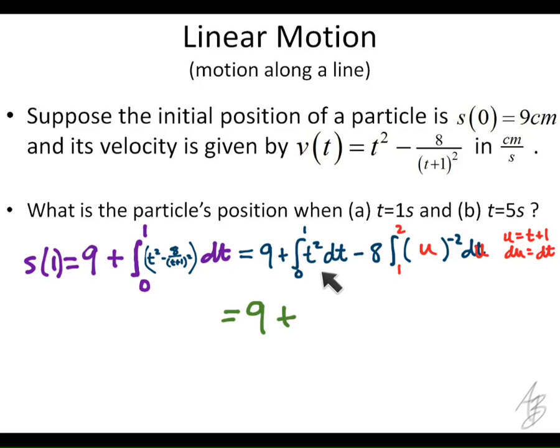what is the antiderivative of t squared? T cubed over 3. We're going to evaluate that from 1 to 2. Minus 8 times the antiderivative of u to the negative 2, which would be what?